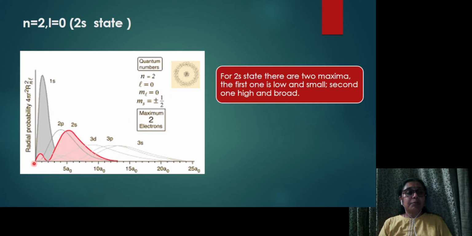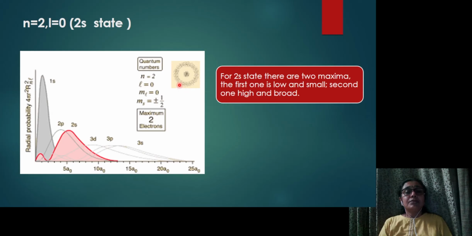In a two-dimensional picture, the electron probability is somewhat like this because of this small probability, and the bigger peak is shown in this fashion around the nucleus.